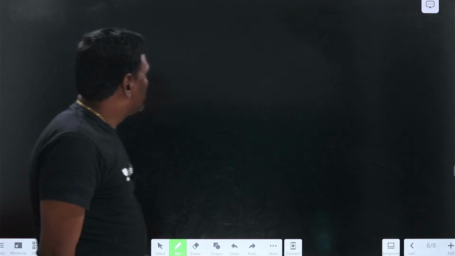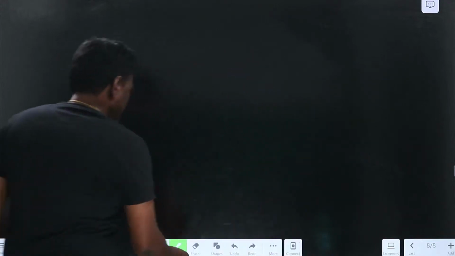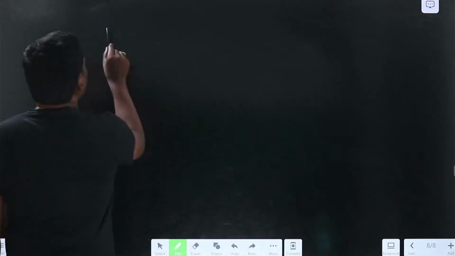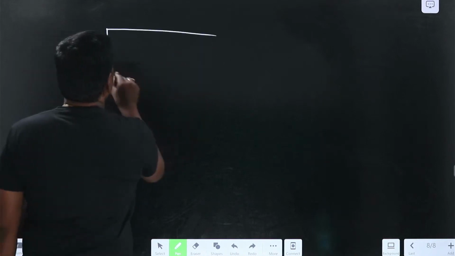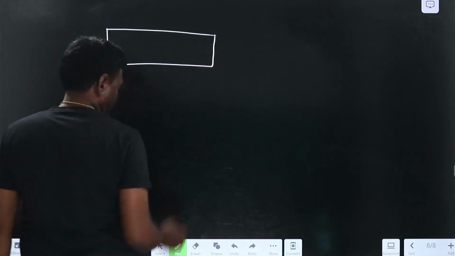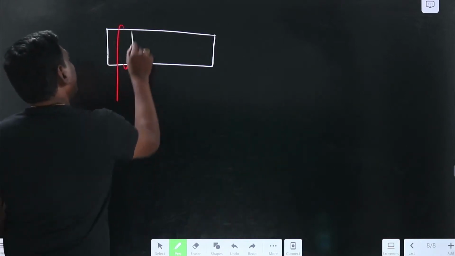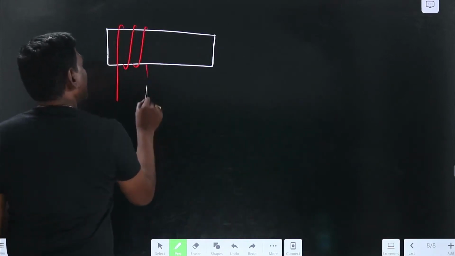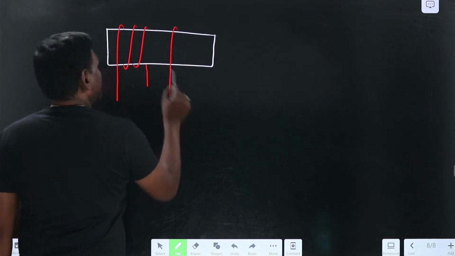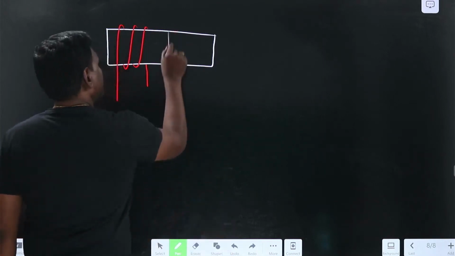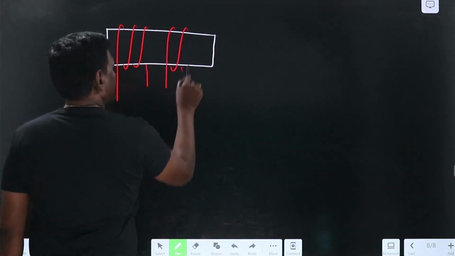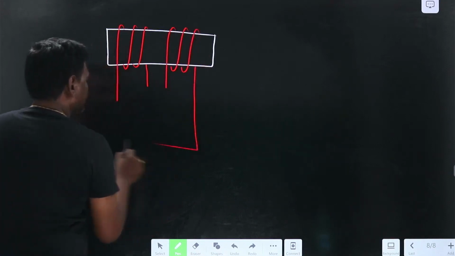Now let us think of a small derivation. Like this.